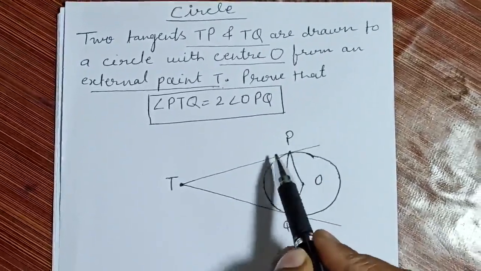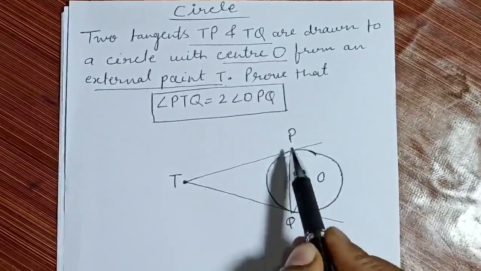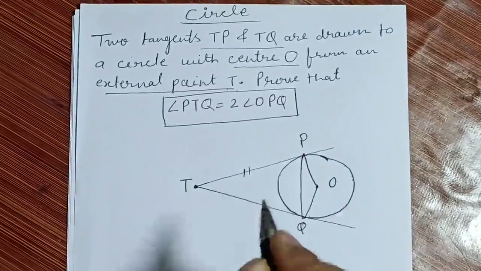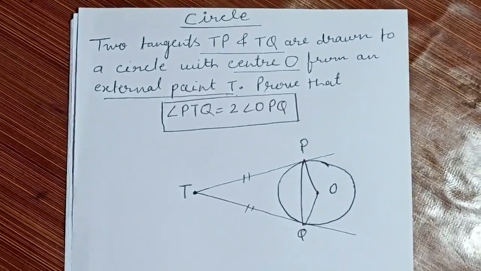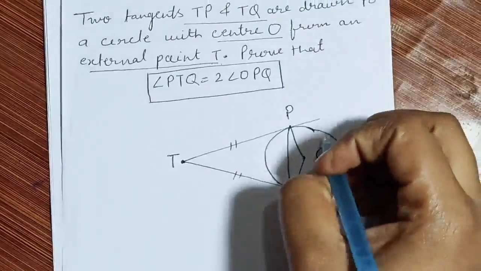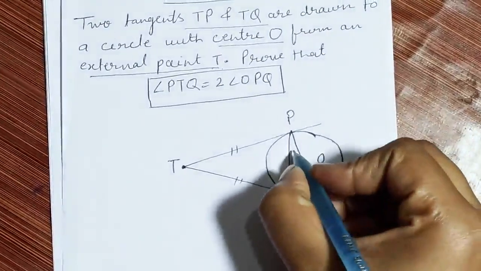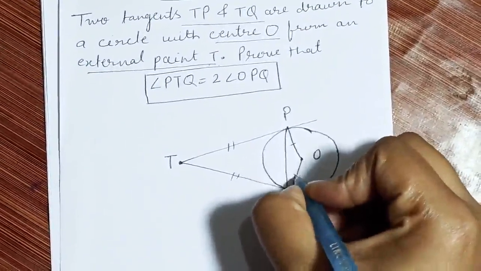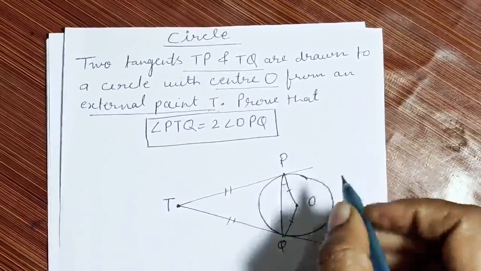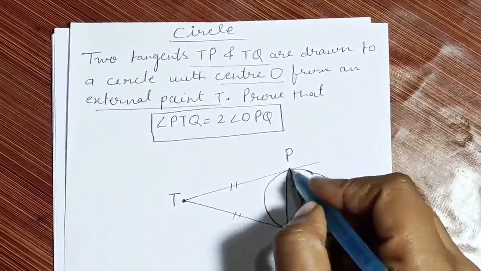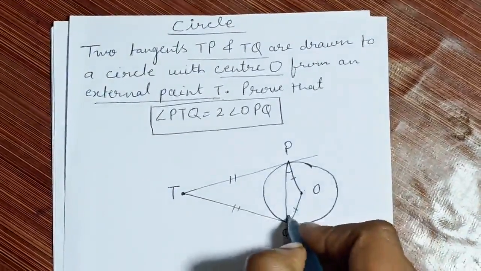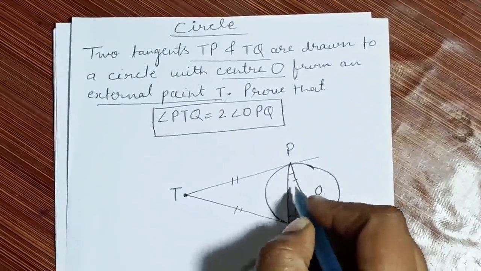Second thing, triangle PTQ is also an isosceles triangle because TP and TQ are equal. So in an isosceles triangle we already know the angles opposite to equal sides are equal. The angle opposite to side OP is angle Q, and the angle opposite to side OQ is angle P. These two angles are equal.